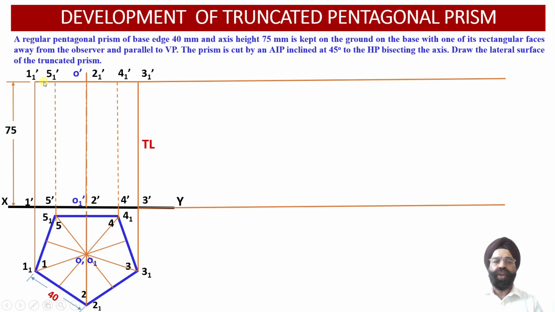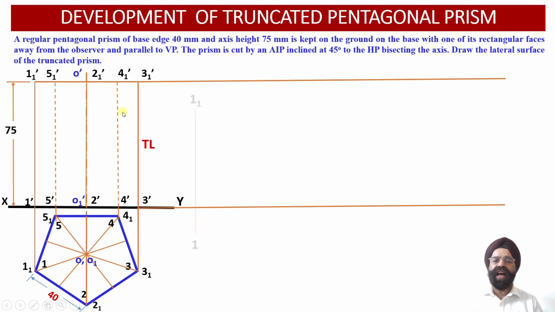We have drawn a horizontal projector line through the top face of this pentagonal prism, and another horizontal projector line through the base. The distance between these 2 horizontal projector lines provides us with the true length of the vertical edges of this particular pentagonal prism.